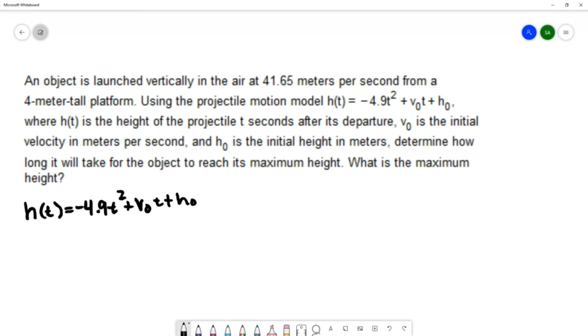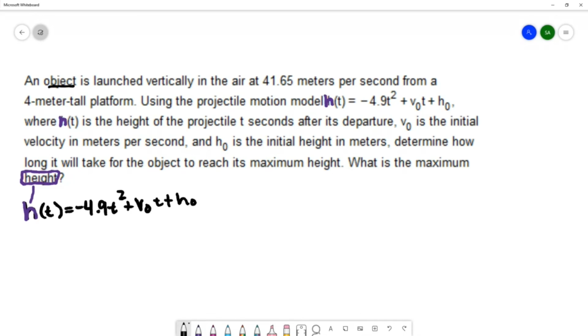And in this function, it gives us the height of the object at a moment in time. So this h here represents height.